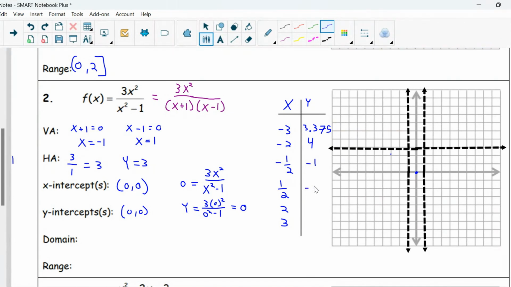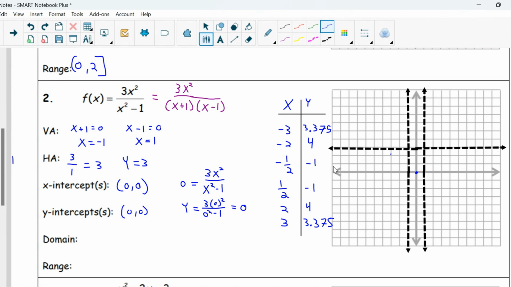Same goes with +1/2. 2 is the same as -2, and 3 is the same as -3. So be super careful. Take your time when constructing these tables.